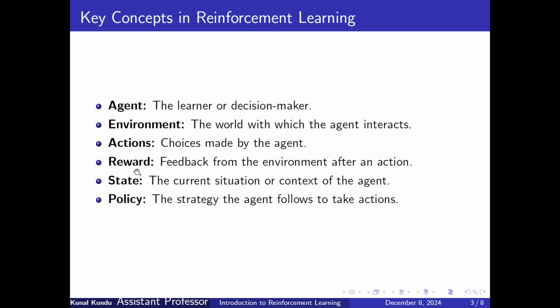Next is reward, which is feedback signals that tell the agent if its actions are good or bad. Next is state, which is the current situation the agent is in. And finally, policy, which is the strategy the agent uses to decide its actions. All these elements work together to guide the agent's learning process.